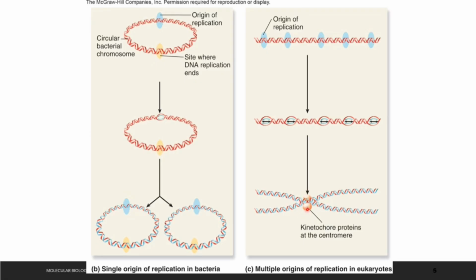And this will be the anchoring point during the mitosis process. So these will be the places where the two chromatids actually separate.